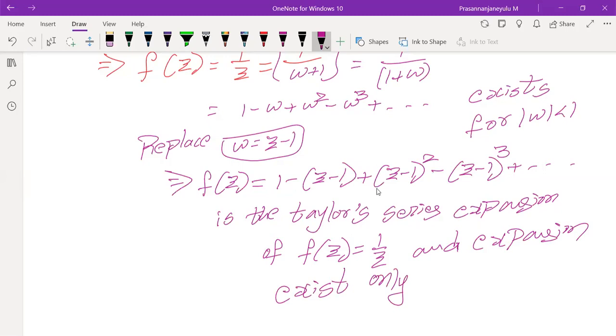This wording is important: only in the region.